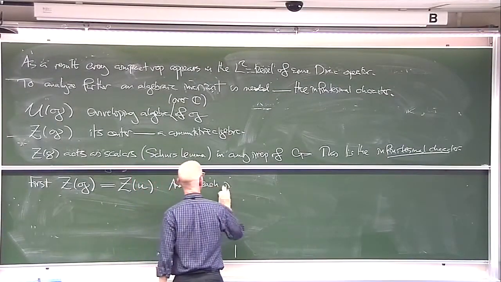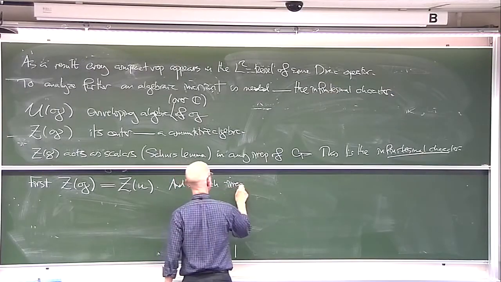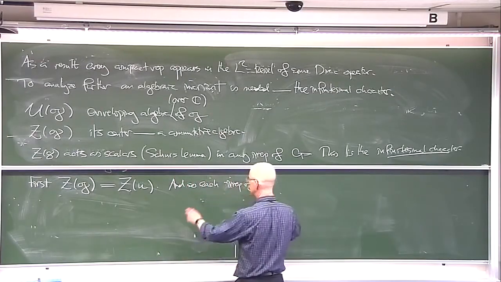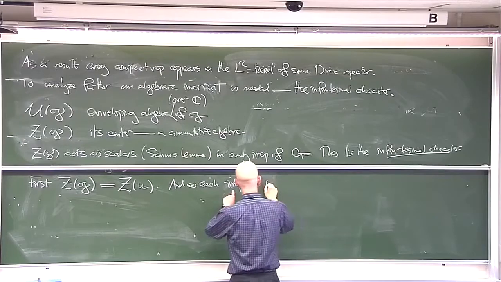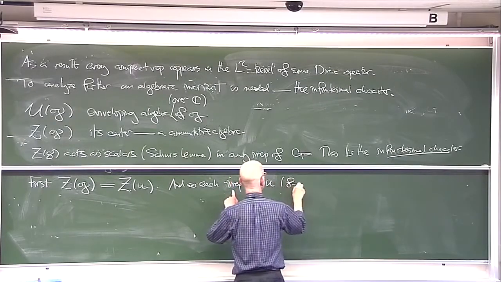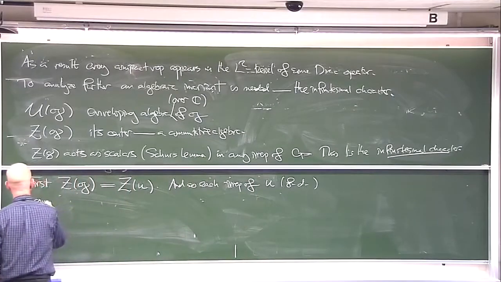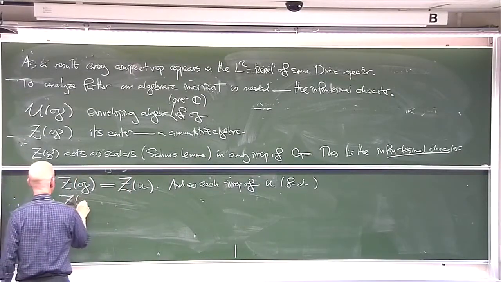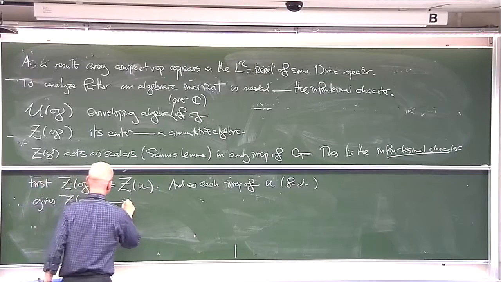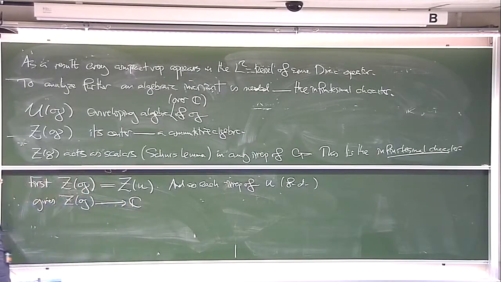So each time you have an irreducible representation of U, say finite dimensional, since U is compact, it gives an infinitesimal character.